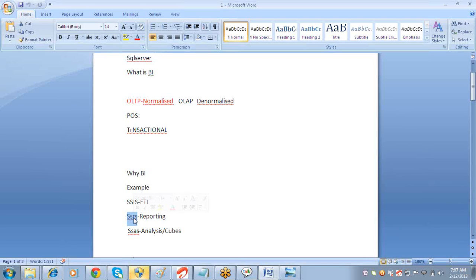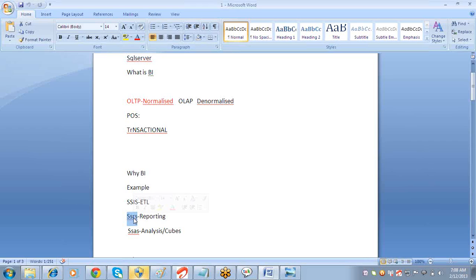AdventureWorks DB is released by Microsoft from time to time for demo purposes. Is it a database? Yeah, it's a real enterprise database. Okay, we can use that.